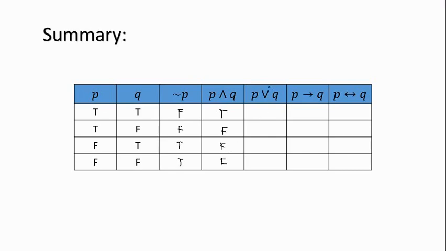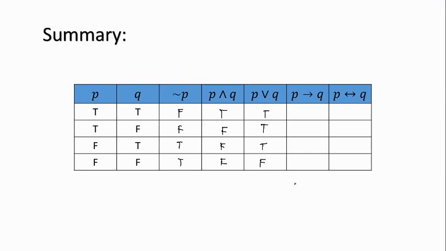For disjunction, it is only false when both P and Q are false, meaning if you see a true, that becomes a true. When one or both are true, the entire disjunction is true.